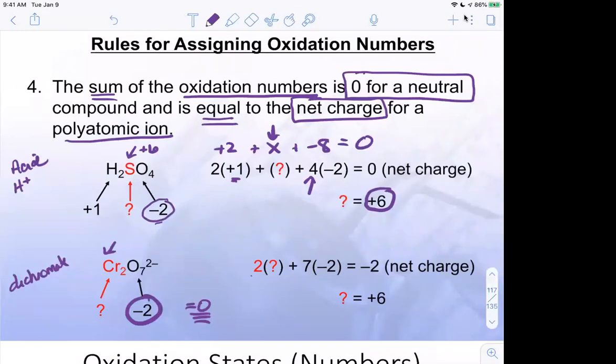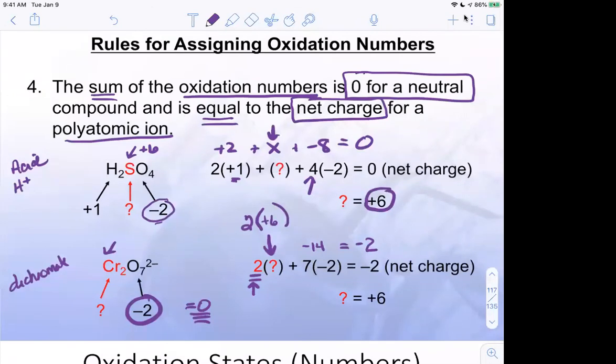And now I know I have 2 chromium atoms that spread out whatever positive charge I need. So this is a -14. The net charge on the whole ion is going to be -2. So this charge has to be 2 times a +6.